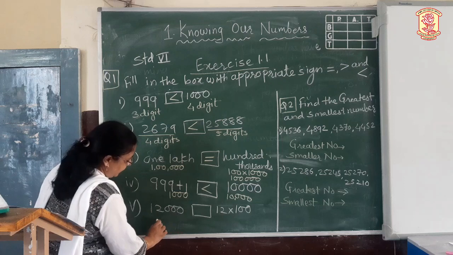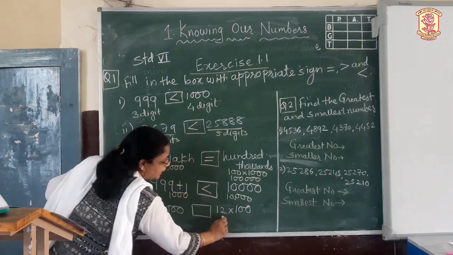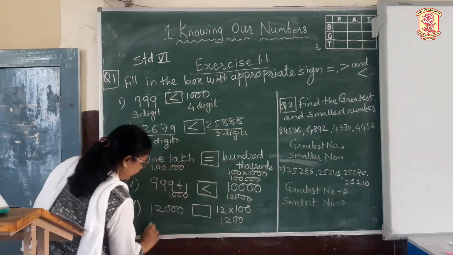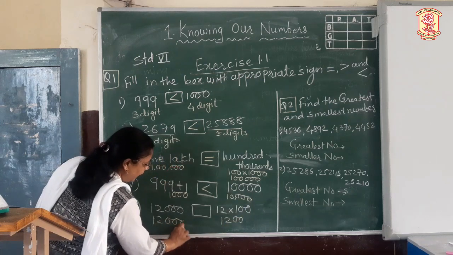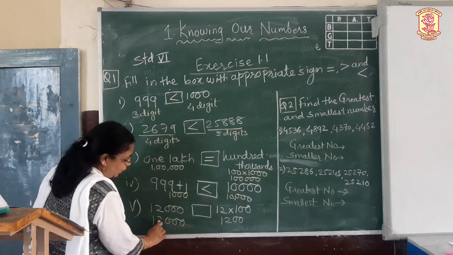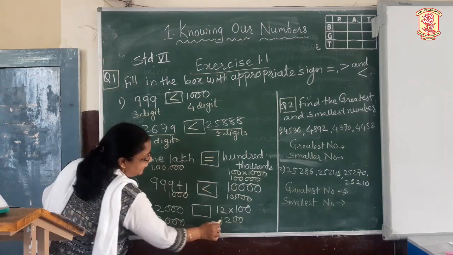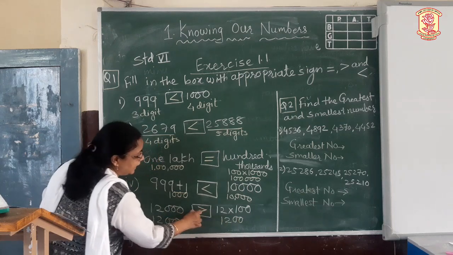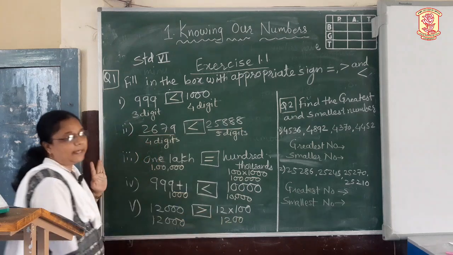This is 12,000 and this is 12 multiplied by 100, which means 1200. So 12,000 and 1200: we compare, 5 digits here and 4 digits here. That means 12,000 is greater than 1200.